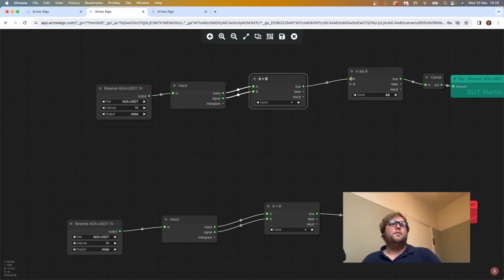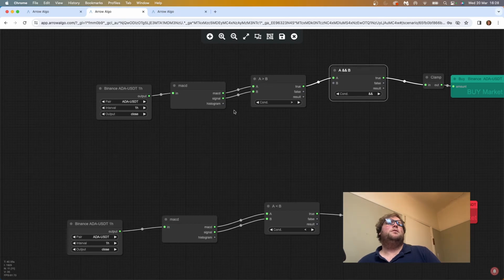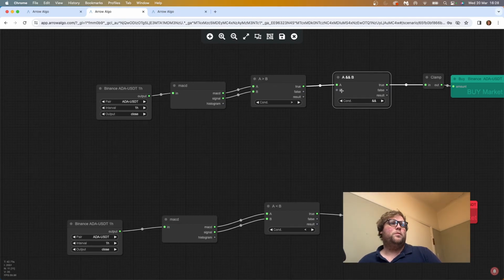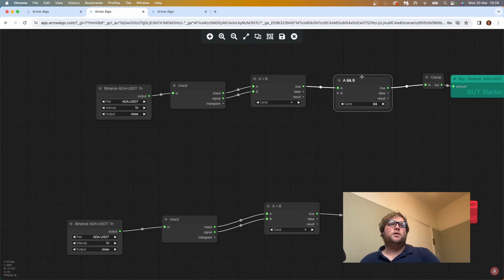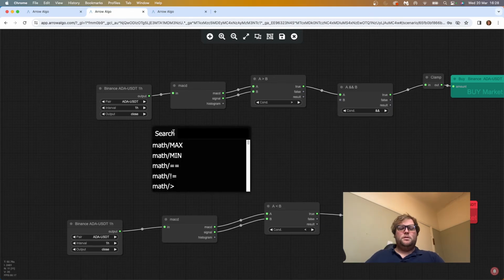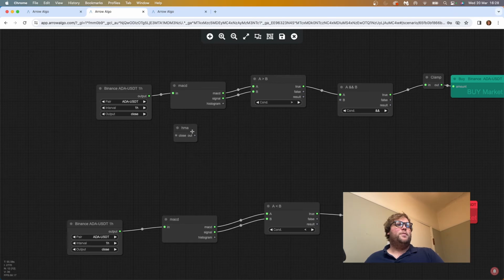I might want to only buy when the MACD crosses the signal line, plus I've got another condition block now that I've added in there for a second condition. So let's see if we can make sure that we're only buying under bullish conditions by adding in a trend indicator.